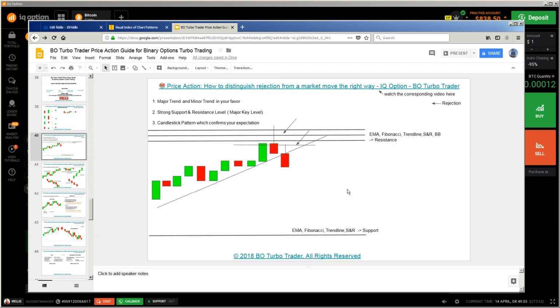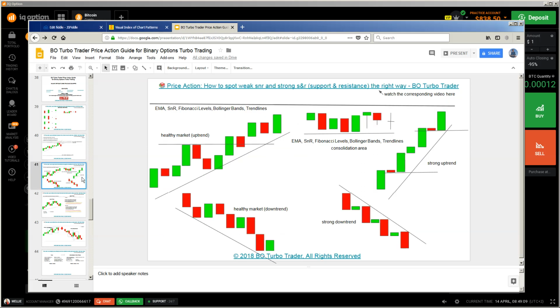That is important to understand, so that you can tell the difference in a ranging market. In a ranging market, there are really huge moves which look like rejections, but in reality they are only real market movements.